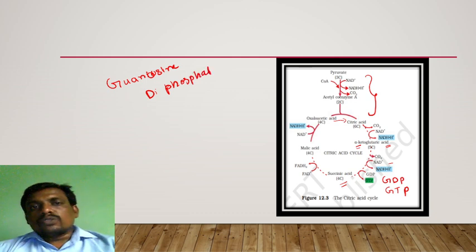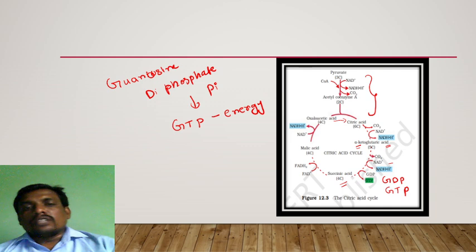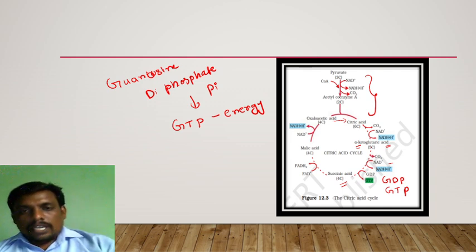This guanosine diphosphate, by accepting one phosphate molecule, is converted into guanosine triphosphate, which is another form of energy currency of the cell. Energy currency of the cell that helps in the storage of energy.